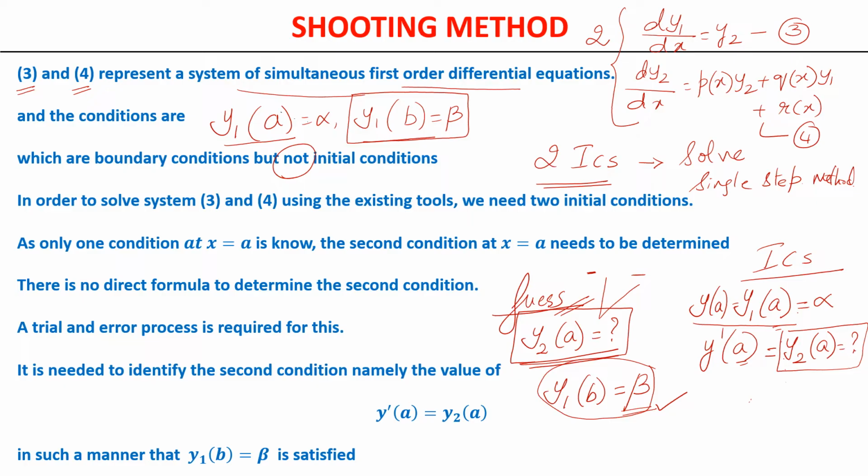But because we are dealing with a linear BVP, reducing it to a linear set of two first order differential equations, there is a simpler method of defining y2 of a, the procedure for which will be explained in my next slide.